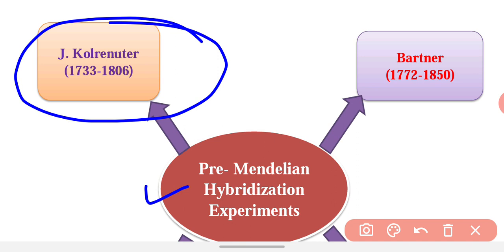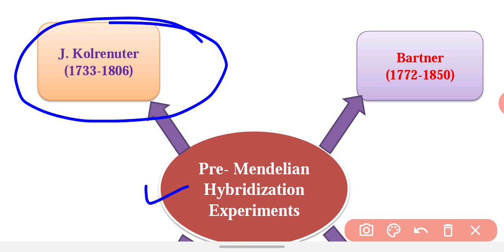J. Kölreuter, whose lifespan was 1733 to 1806, a German botanist, had conducted hybridization experiments in the tobacco plant. Kölreuter reported that the progeny may resemble any one of the parents or may be intermediate between them.